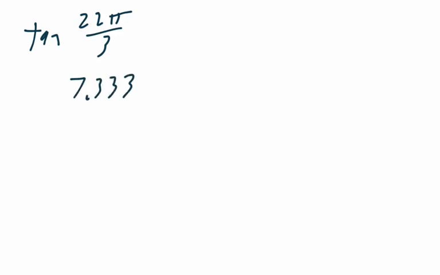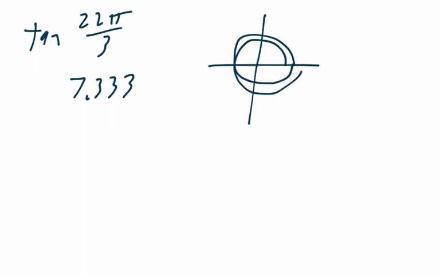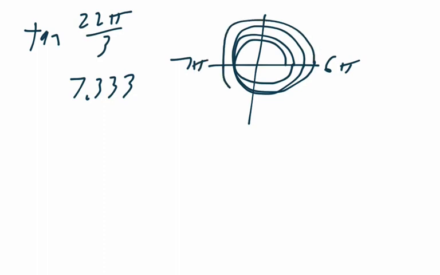Alright, so the next one we have the tangent of 22 pi over 3, which when I divide that, it's 7.333. So when we do this, that's 2, that's 4, that's 6 pi. Which means over here is 7 pi, and this would be 7.5 pi, which means I am in quadrant number 3, which means my answer is positive.